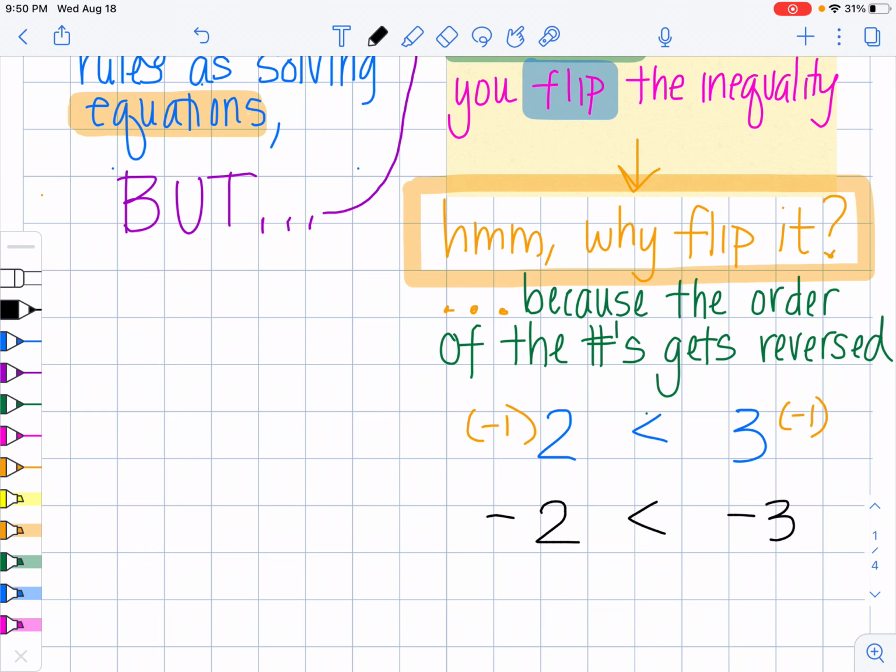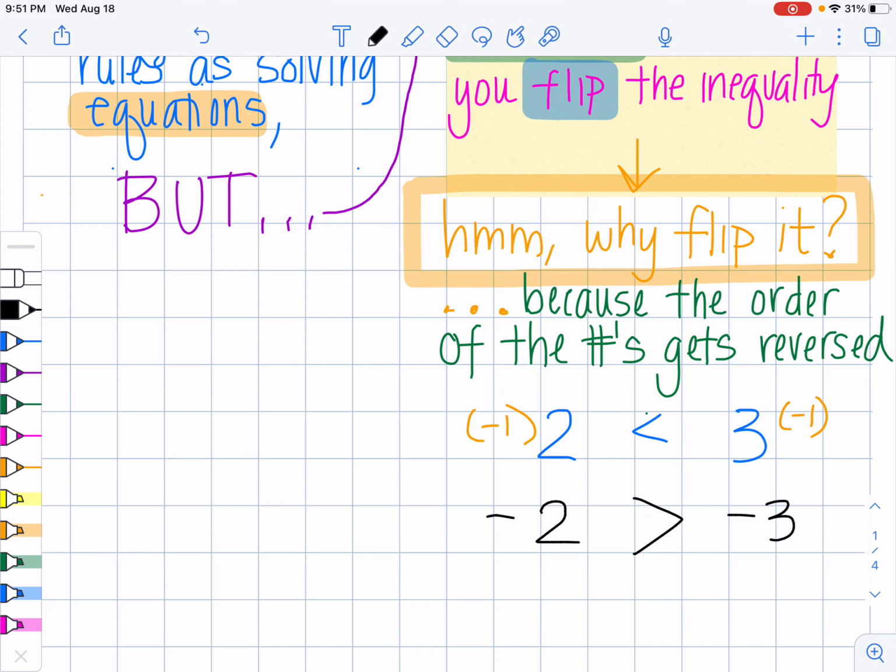Now, is -2 smaller than -3? Remember, the bigger the negative number, the smaller the number is. So my inequality is reversed because -3 is really smaller than -2.